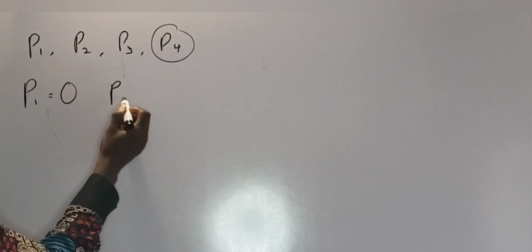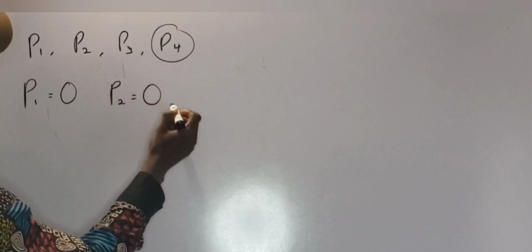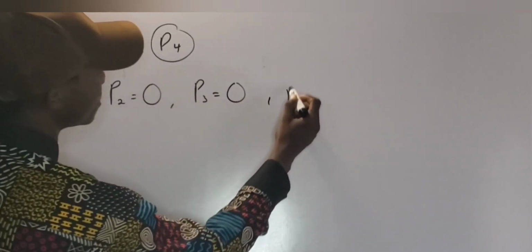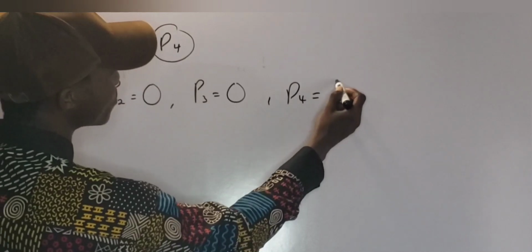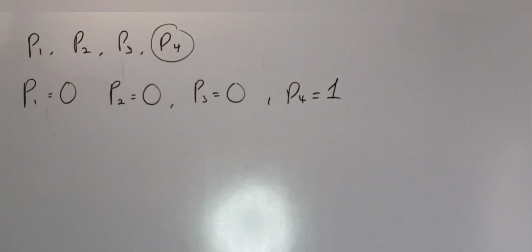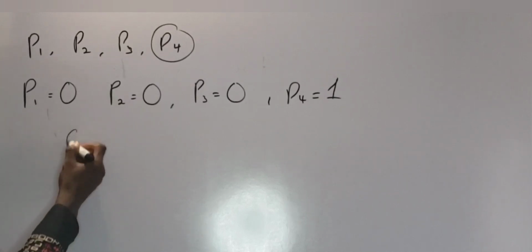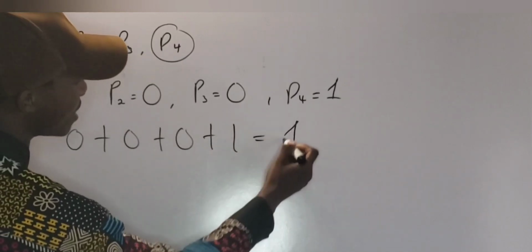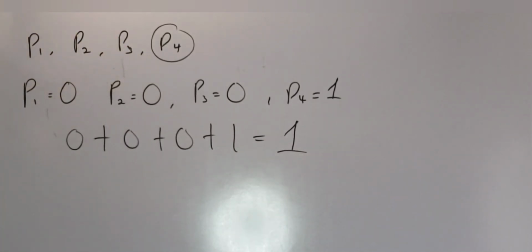The probability of strategy 2 will be what? 0. The probability of strategy 3 will be what? 0. The probability of strategy 4, which the player selects, will be what? 1. And it should also be noted that the sum of all the probabilities will be what? 1. So for this, I'm going to have 0 plus 0 plus 0 plus 1, which is equal to what? 1. In that case, we can say the player adopts pure strategy.